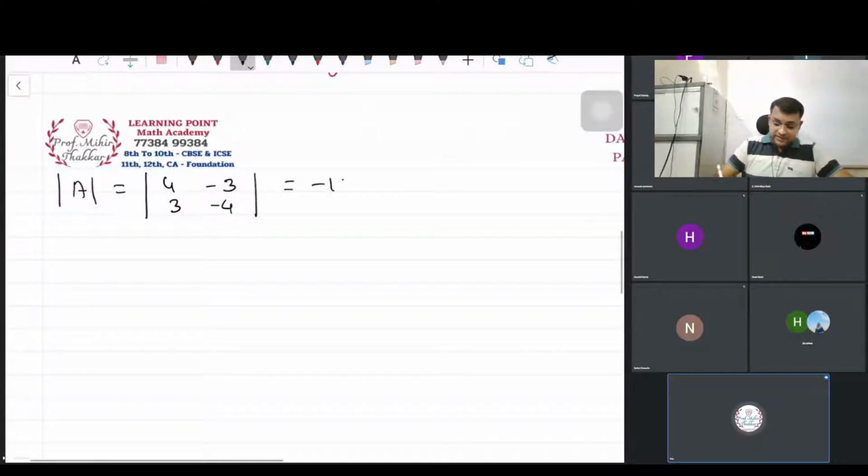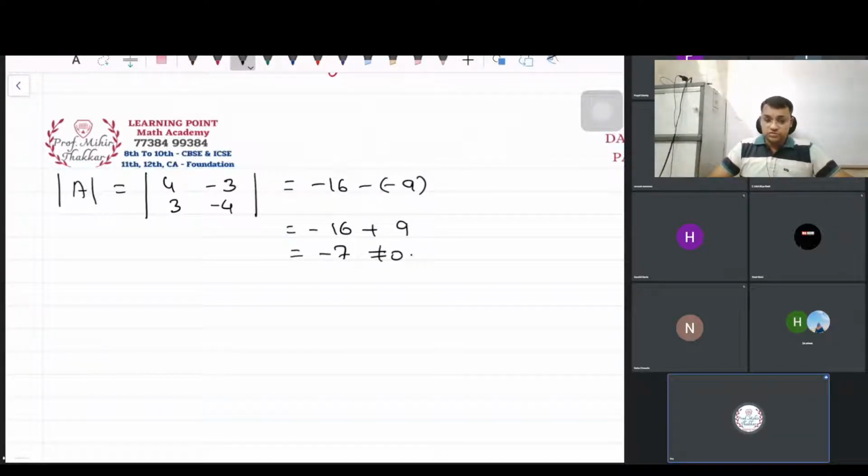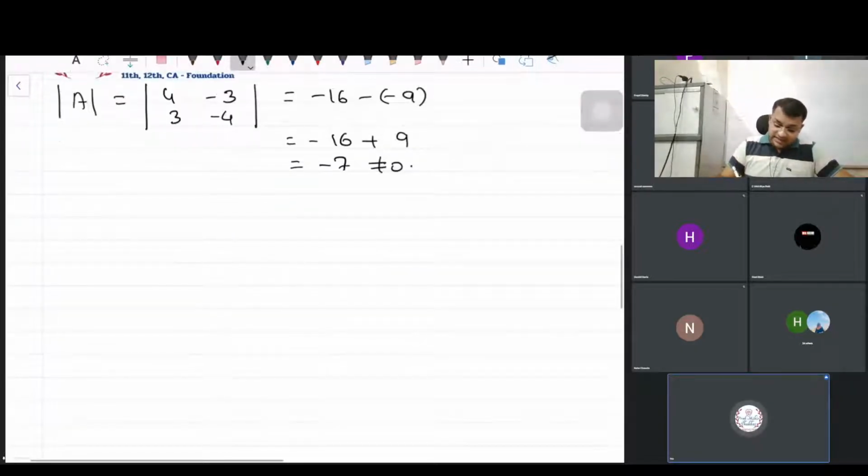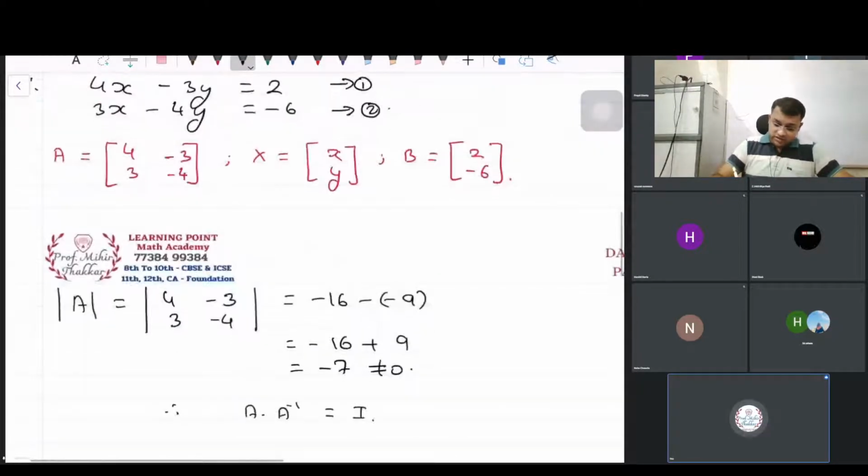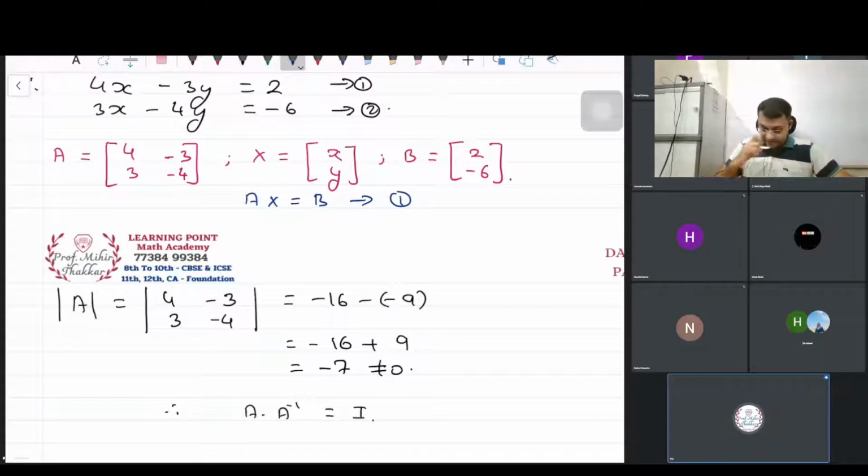This is minus 16 minus of minus 9, which is equal to minus 16 plus 9, which is equal to negative 7. It is not equal to 0. So definitely yes, the inverse exists, and hence I can say A into A inverse is equal to I. And one more thing that I did not write over here, AX is equal to B as our equation 1, as we always have to write. So please don't forget that, everybody.